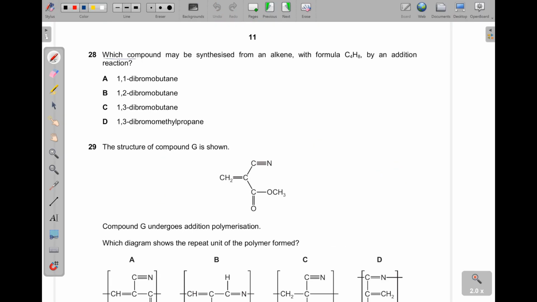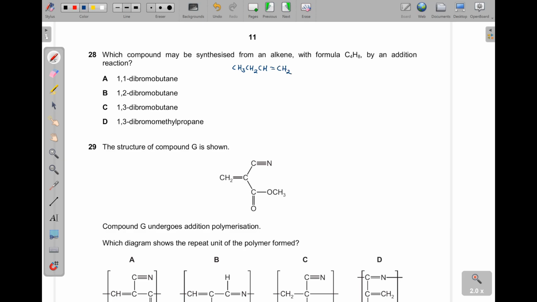Question 28. Which compound may be synthesized from an alkene with the formula C4H8 by an addition reaction? C4H8 is butene. It can be but-1-ene or but-2-ene. If I begin with but-1-ene, this is CH3, CH2, then CH, and then a double bond with CH2.